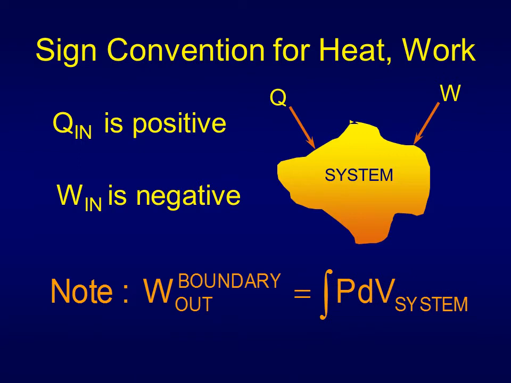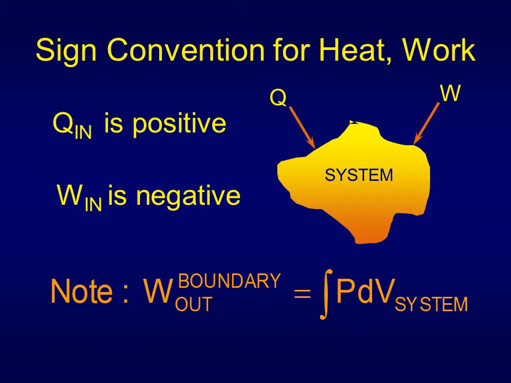The way I always do it is I'll draw my arrows according to whether I think the work is coming in or out. But when you're looking at answers that you'll have from the book, a negative number for a work would mean that it was actually coming into the system. I always use the boundary work out of the system.